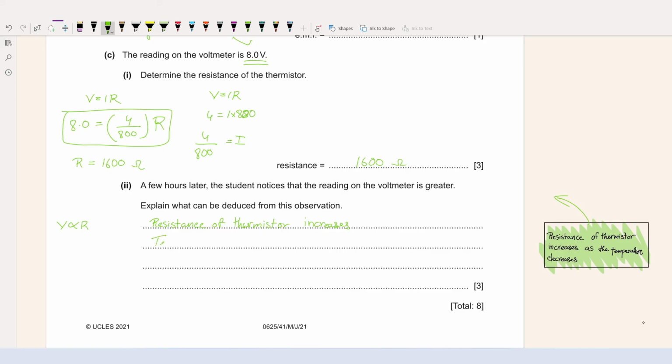So we can say temperature decreases. And last we can say that the voltage across the 800 ohm resistor will be less.